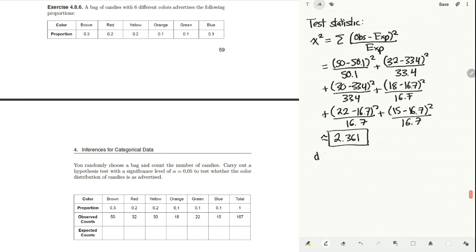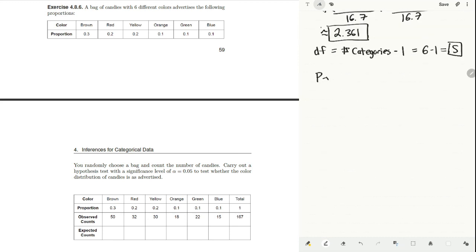So we also need to determine the sampling distribution model. So to find the degrees of freedom, it is the number of categories minus 1. So here we have 6 different categories, so 6 different colors, and so the degrees of freedom is 5.